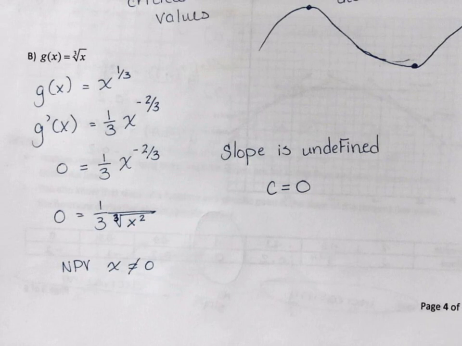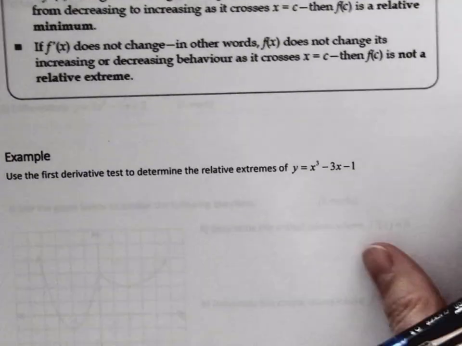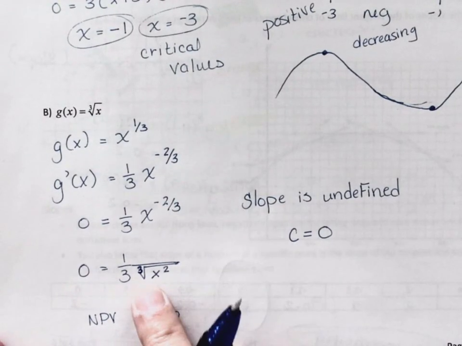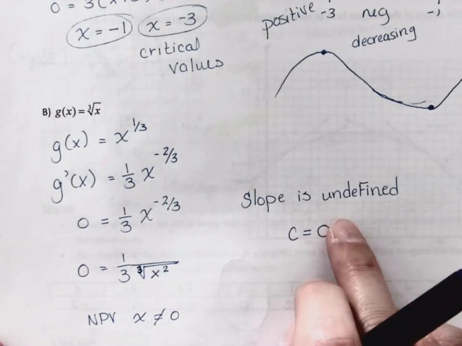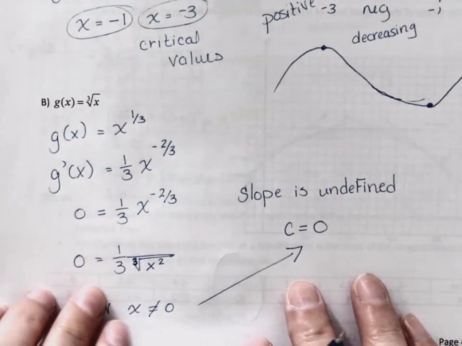These ones make a little less sense, but if it's undefined, then my non-permissible value is my critical point, which is okay too. So what NPV was our critical point in the last one? When you get a situation where it's undefined, it's your NPV that becomes your critical point. We'll just draw an arrow, it'll make it better.